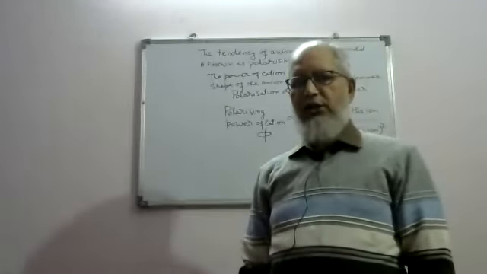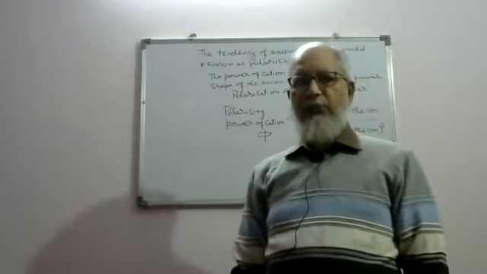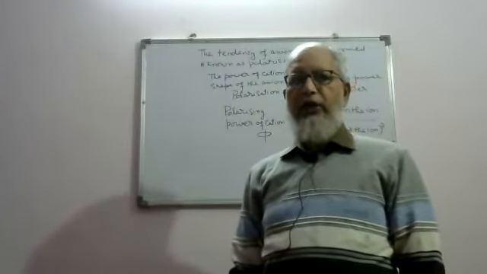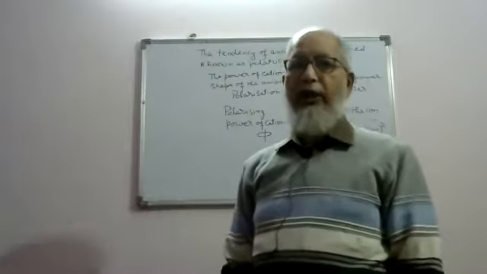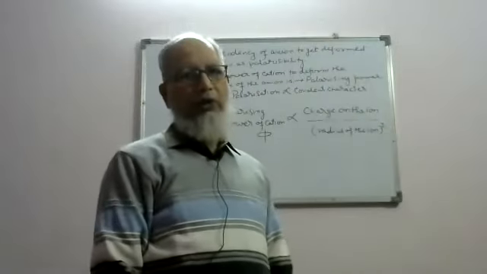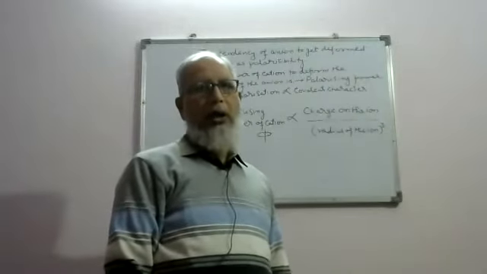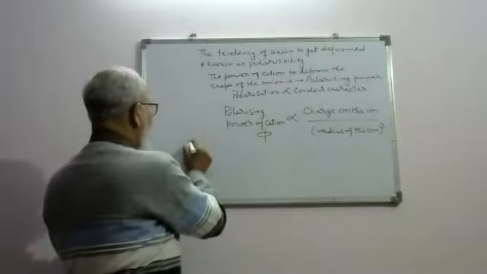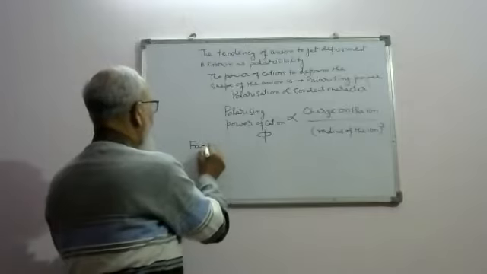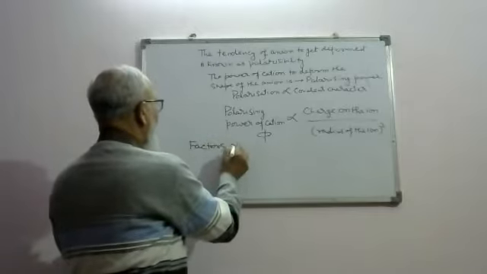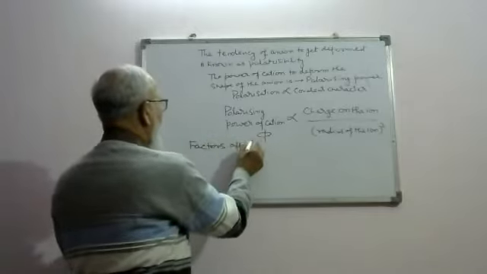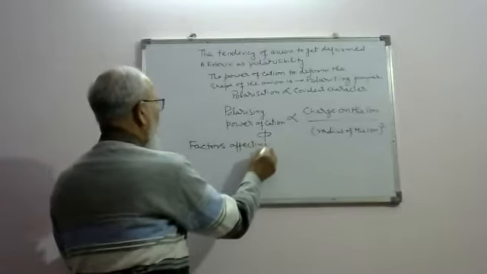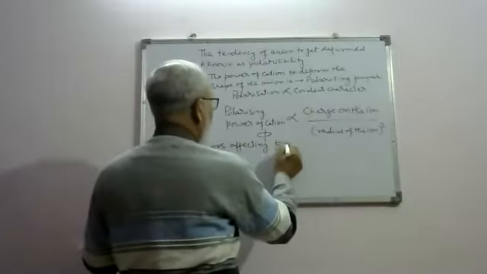Now let us see what the factors are which affect the polarization, or the covalent character or ionic character of the molecule, during the formation of an electrovalent or ionic bond. So now we shall study the factors affecting polarization.